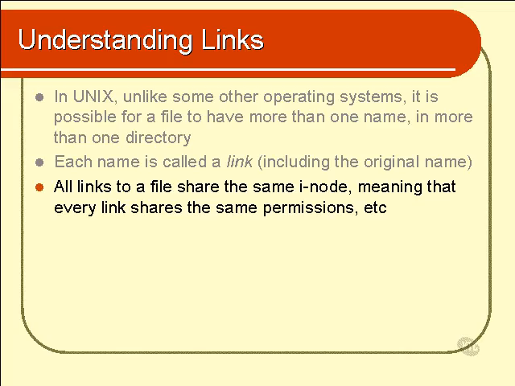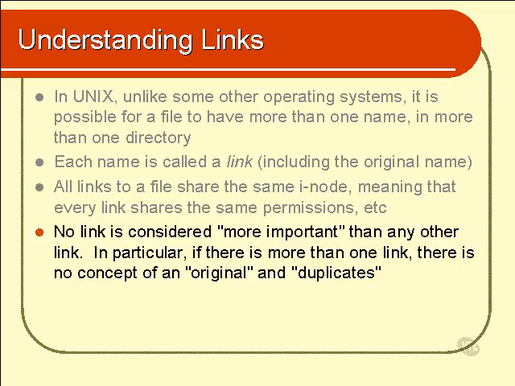Now, I want you to understand that as far as links are concerned, there is no original and there's no copy. Certainly we can create another link to an existing file, but once we have created the second link, and there are two links to the file, neither of them is considered to be the original. We're not making the other one the duplicate or the extra link or something like that.